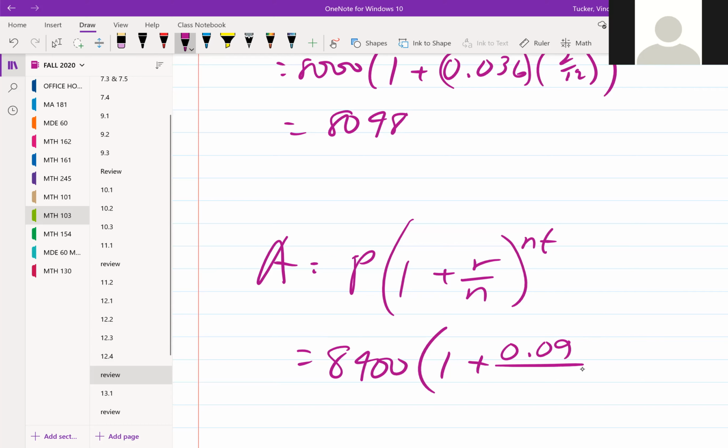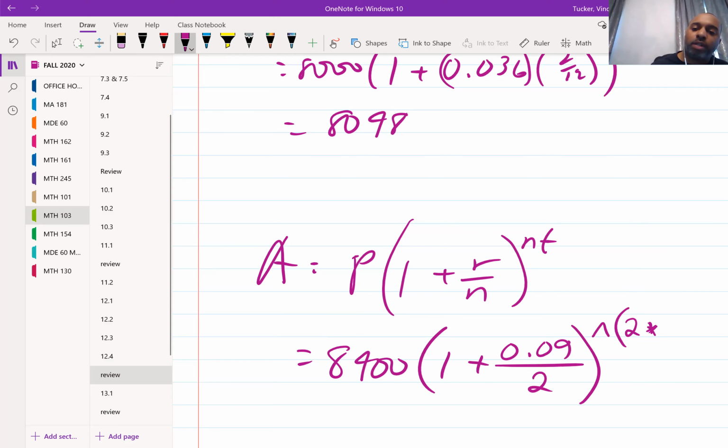Oh, 2. Well, yeah, so yours says semi-annually? No, yeah, I didn't know what word to use because it could say semi-annually, it could say annually. Oh, yeah, semi-annually. Right, so N would be 2 for you, right? Oh, okay. Then that means N is 2. And then what is your T? It's 8 years. 8 years, so that'll just be 2 times 8.